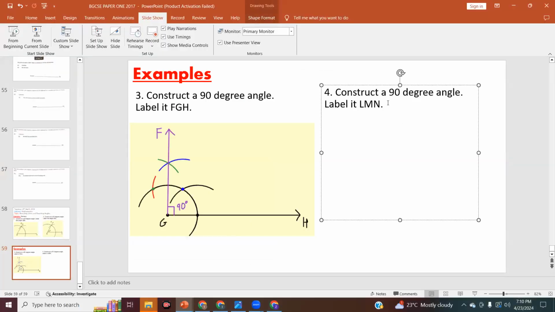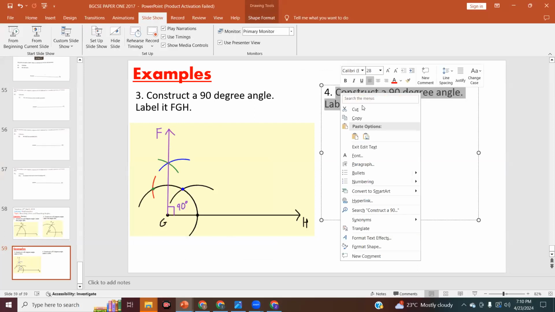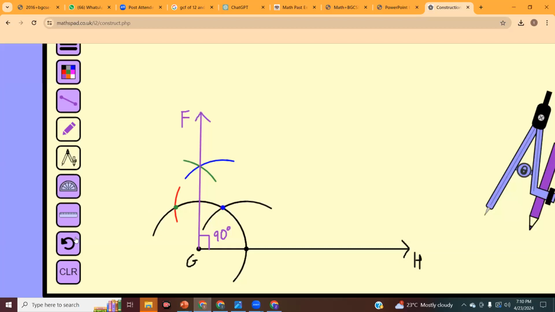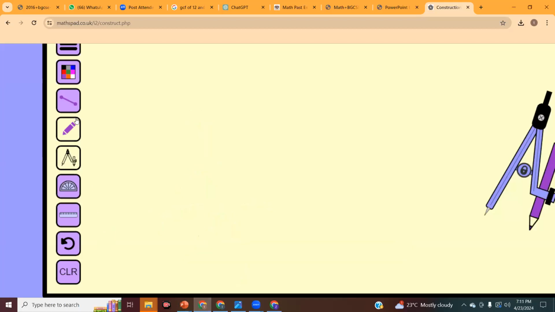Number 4 says we want to construct a 90-degree angle, and we're going to construct it. So I'm going to label it L, M, N. So Malik, what is the first thing that we're going to do in order to do this? We need to draw a ray or line segment, sir.